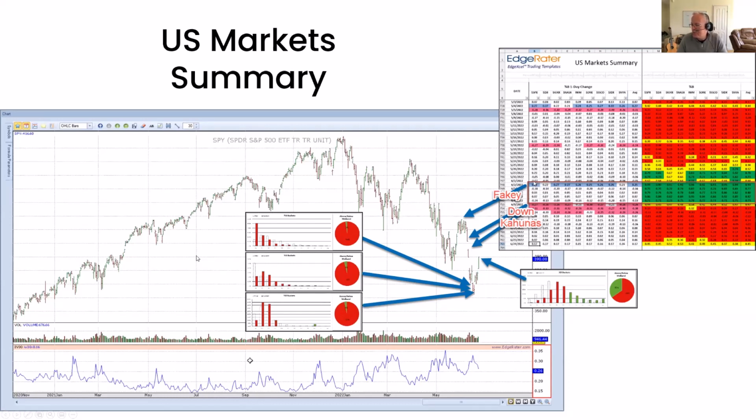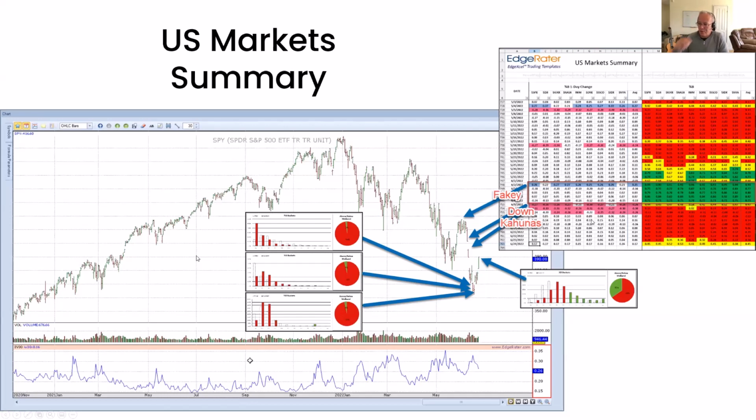The bar that was the %B one-day change is the one that my cursor is on over here, which I hope you can see. And then after that bar, you had a period of a range, say a trading range, but the %B numbers did go green. But then these 2 bars here, the down kahunas, appeared, and we're now back into this sea of red.